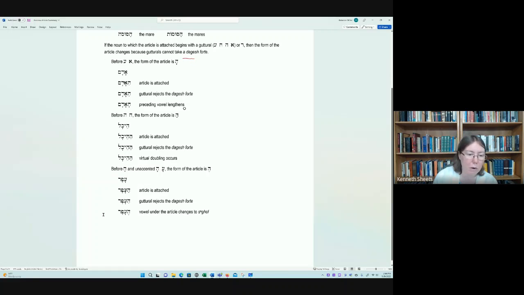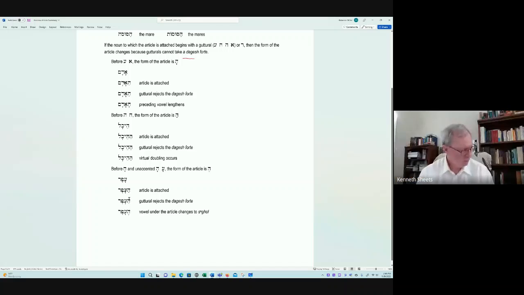And then there is another form as well. Before cheth pointed with a kamets, or also before an unaccented hey pointed with kamets and ayin pointed with kamets, the form of the article is hey pointed with a segol. So, for example, here we have afar. On this particular word, the accent is on the last syllable, and therefore the ayin pointed with the kamets is unaccented.